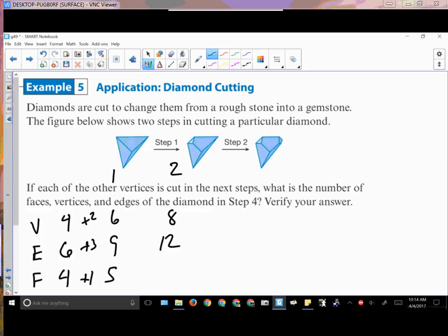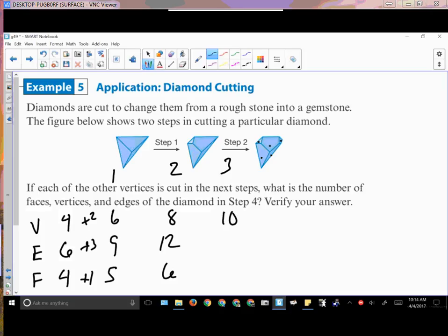So now how many faces do I have? Well, I've got 1, 2, 3, 4, 5, and then the back one is going to be 6. So what we said, add 1, and I get 6. So I found the rule so that if I cut the next one down, so if I do the third step, how many should be there?